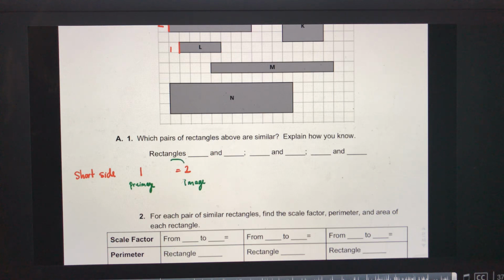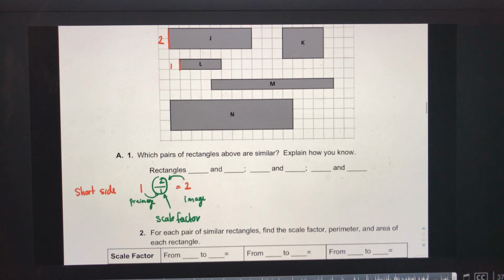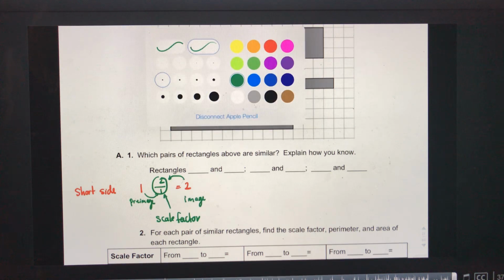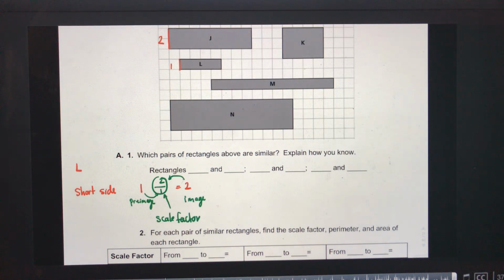So my image is going to be 2, and my pre-image is going to be 1. My scale factor for these two shapes is going to be 2, or 2 over 1. And that's going to be shapes L and J.